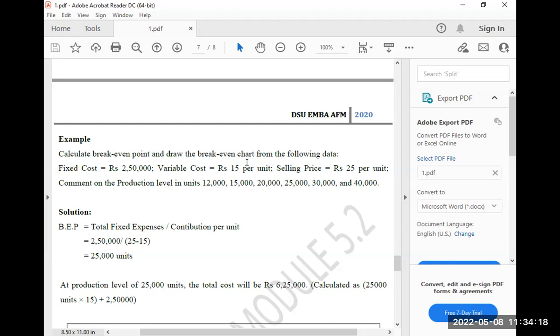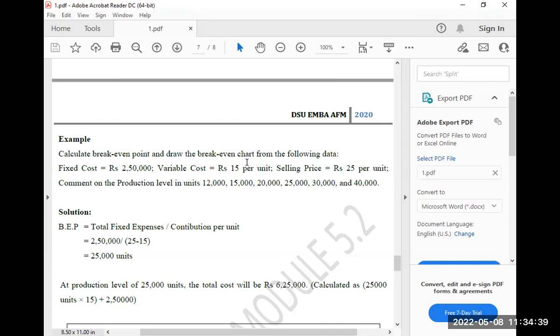Any one formula you can apply, or we can apply both. Write it first. Break-even point in units is equal to total fixed cost divided by contribution per unit.